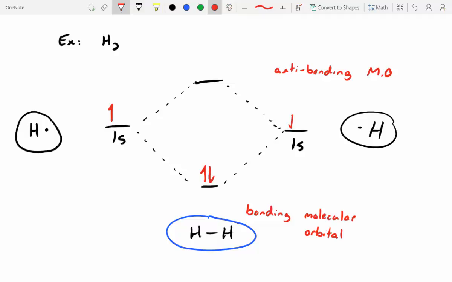The two electrons are located in that bonding molecular orbital. However, if you excite this molecule with enough energy, you could actually knock one of those electrons from the bonding molecular orbital up to an antibonding molecular orbital. Doesn't happen very often, though, at least not with hydrogen.